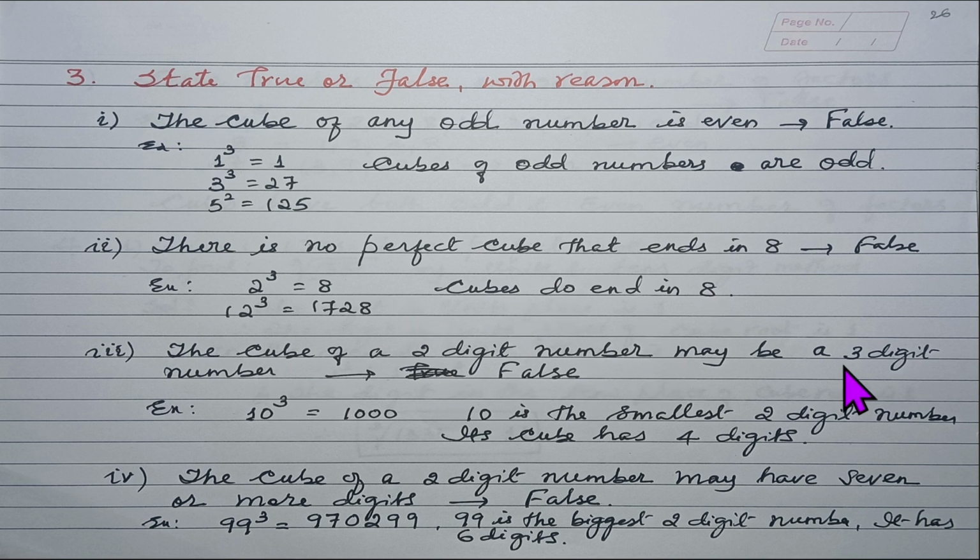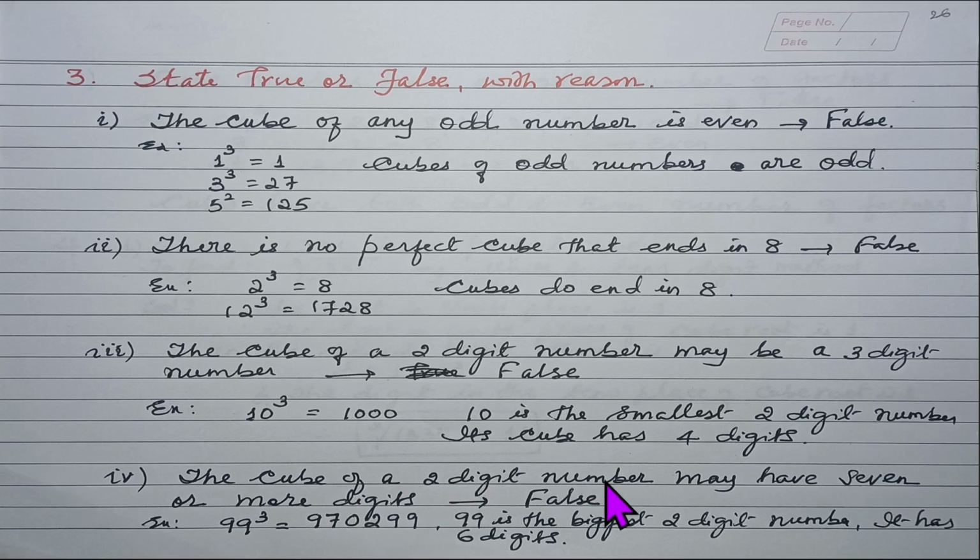The cube of a 2-digit number may be a 3-digit number. Let us understand this. The smallest 2-digit number is 10, and therefore 10 cubed is 1000, and we have 4 digits here. So there is no chance of having 3 digits. The least cube of a 2-digit number will have 4 digits.